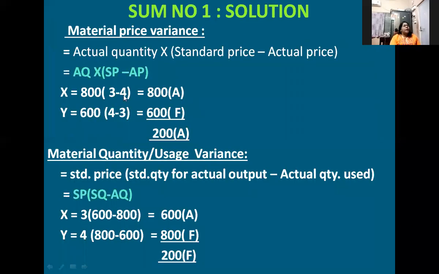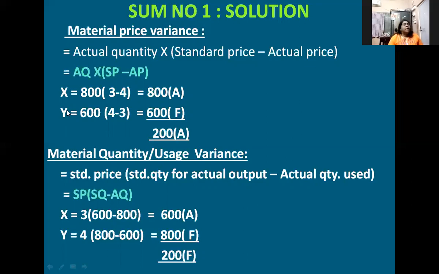This is all about price variance. So we need to compare the standard price with the actual price. You should not change the formula. The formula is standard price; from the standard price only, you need to check the actual price. This is the way I calculate the material price variance. So 3 minus 4 is minus 1. Minus 1 into 800, minus 800. That's what I mentioned as adverse.